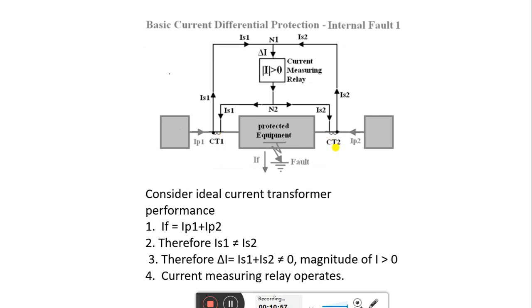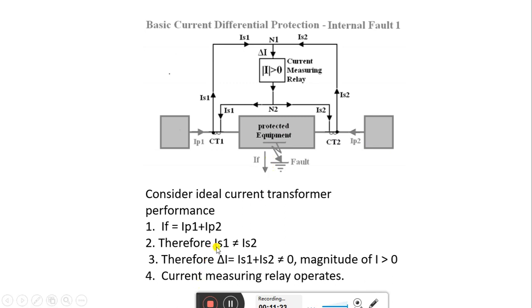So what will happen in this case? If the fault is inside the protected zone, then the fault current IF will be equal to IP1 plus IP2. It means from this side and from this side, both sides the current will flow through this fault.